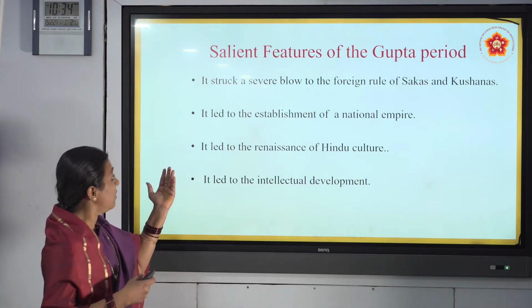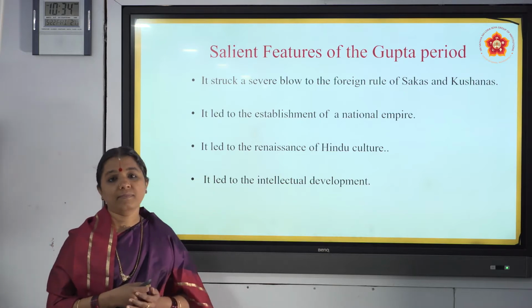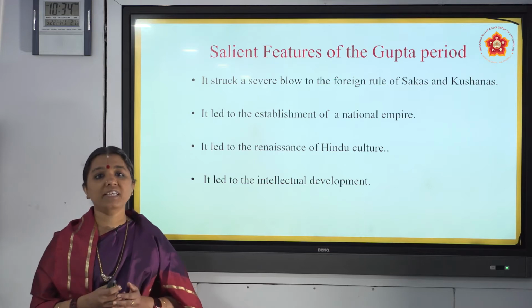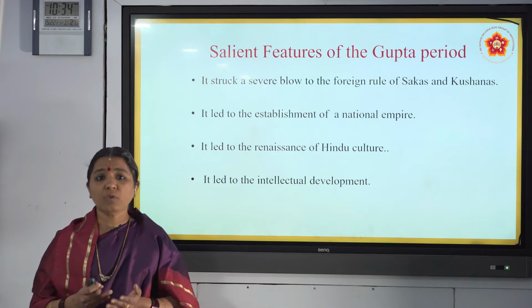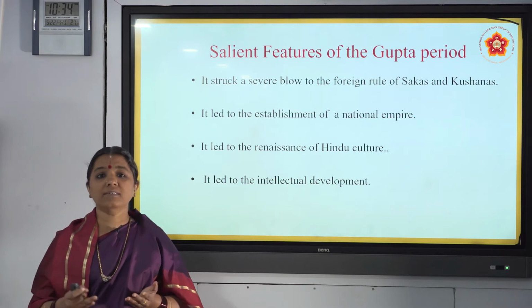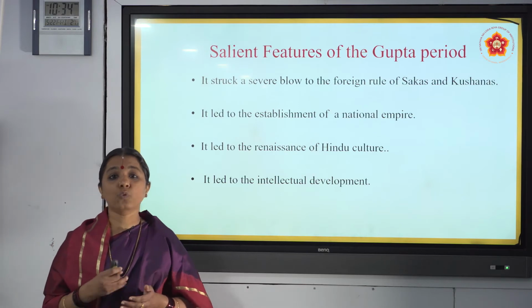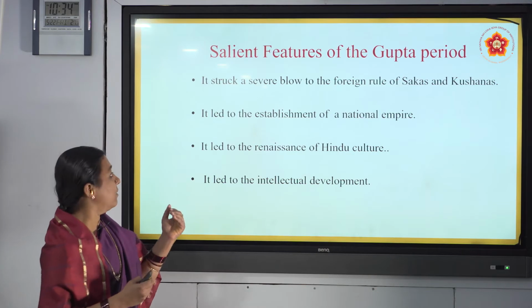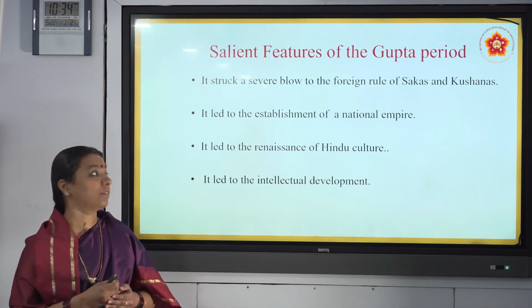The second being, it led to the establishment of a national empire. Actually, for the first time, a large part of India, North India, Central India, South India and borders as a whole came under the rule of one ruler. Thus, the Gupta period led to the establishment of a national empire.